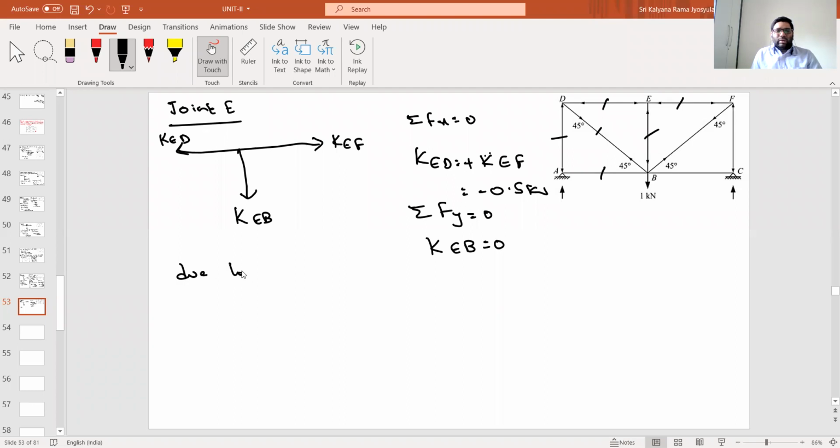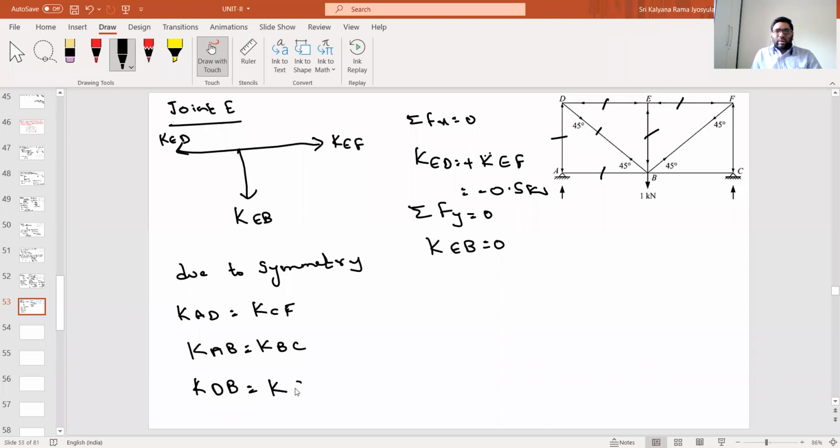So due to symmetry, KAD is equal to KCF, KAB is equal to KBC, and KDB is equal to KFB.